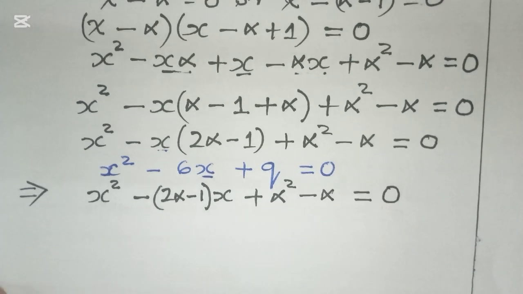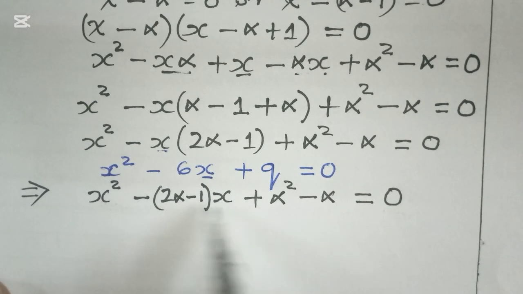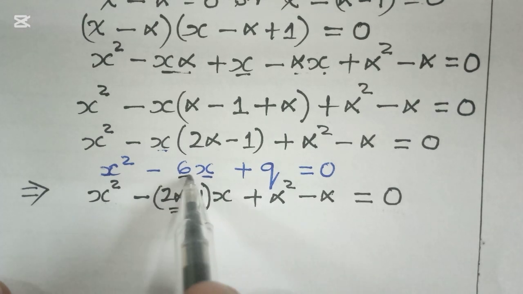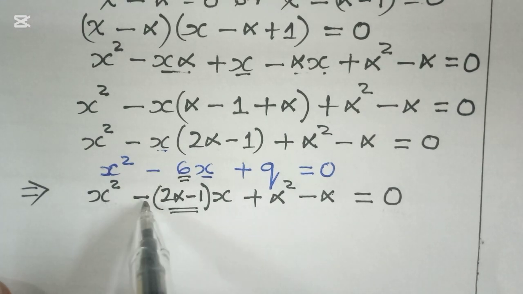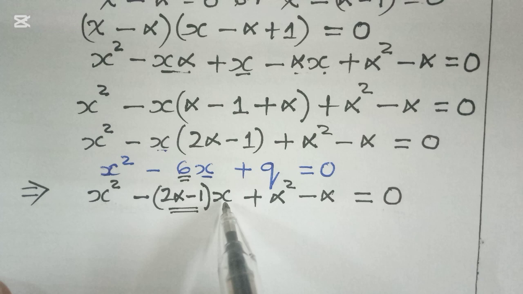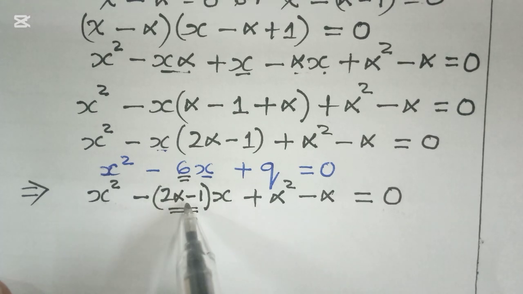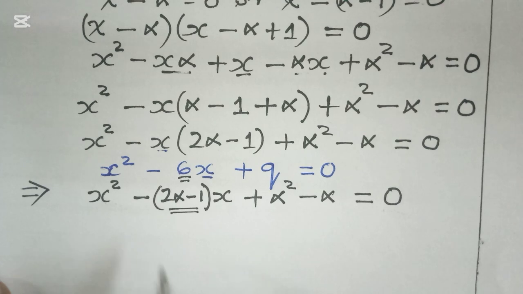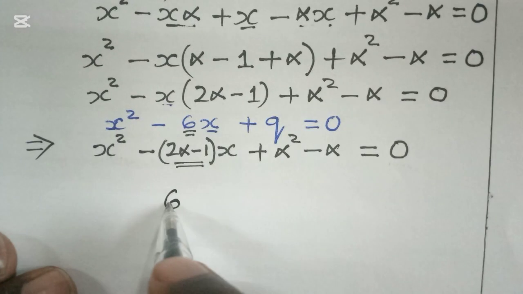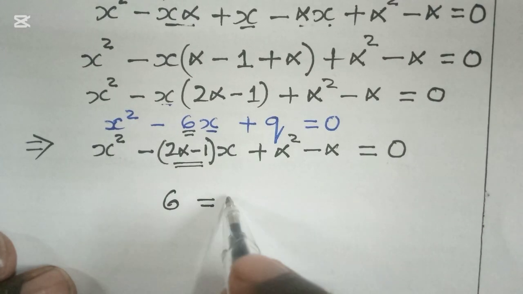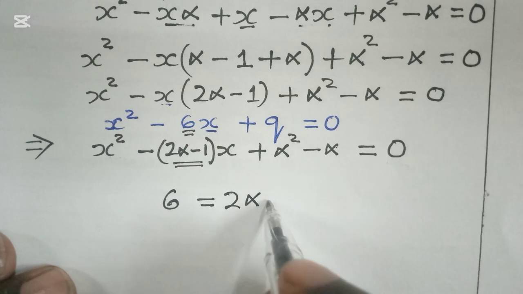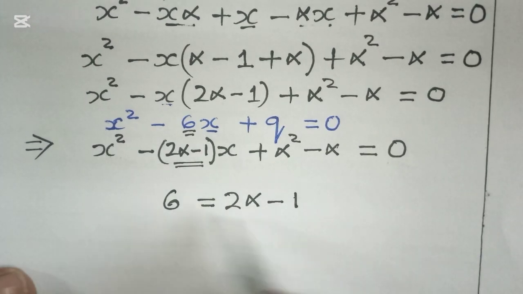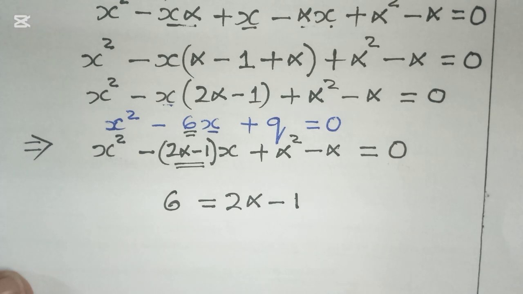So comparing the equation, it means that this value here should be equal to this value, which is 6, because negative is equals to negative, x equals to x, then the coefficient should be the same. And so we are going to have 6 will now be equal to 2 alpha minus 1. I can put negative and negative here, but the negatives are going to cancel.